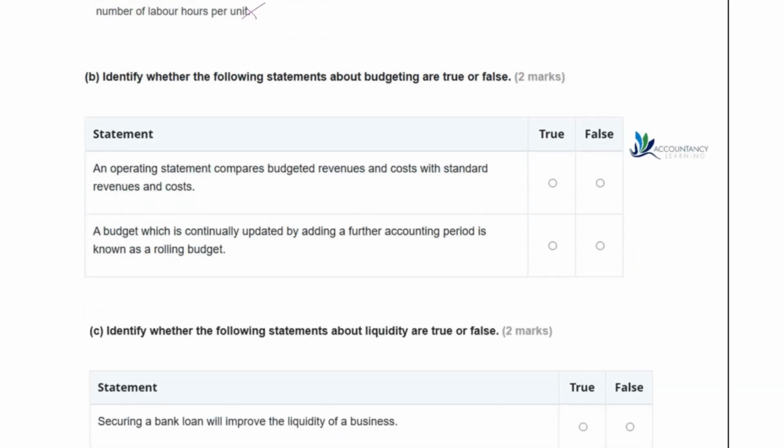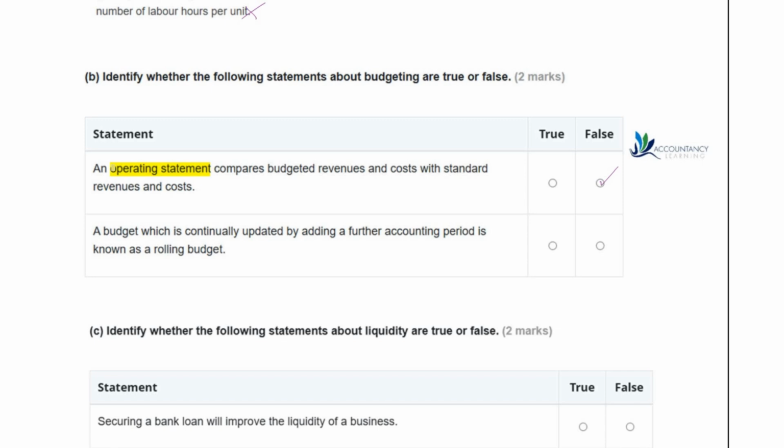For part B, we've got some true or false answers to these statements. An operating statement compares budgeted revenues and costs with standard revenues and costs. So this is false. An operating statement basically breaks down the expenses into operating expenses and non-operating expenses.